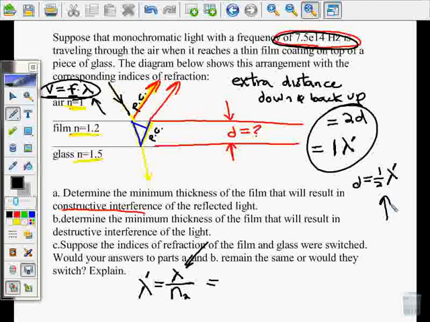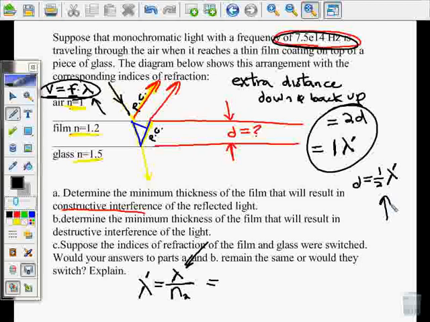By the way, in part B, they want to know what is the skinniest thickness, non-zero thickness, if you wanted perfect destructive interference. Since they both go through a phase change, watch my key, because I'm not asking for the answer yet.